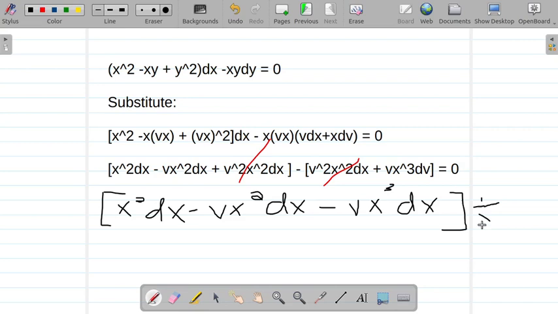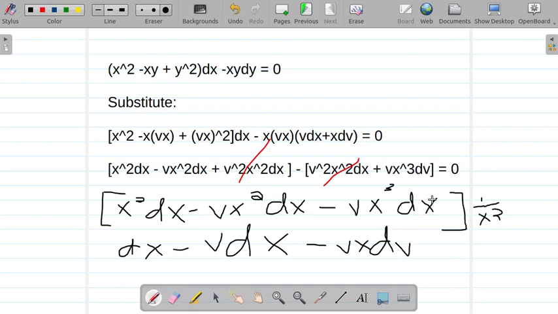So, para mas simplify pa nato, ato siyang i-divide into x squared. So, ang mabilin dx minus v dx minus vx dv. I mean dv din siya. dv is equals to 0.